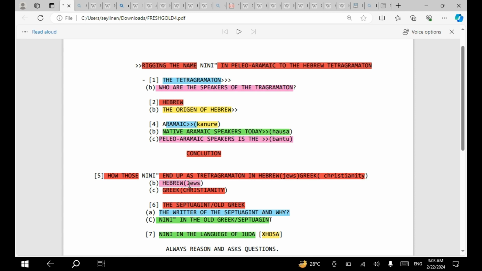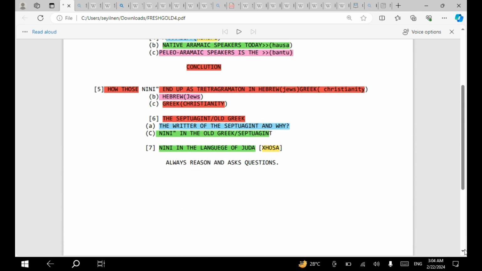If you are Hebrew Israelite, you are under these Ashkenazi Jews. Their ancestors are the Hebrews, not you. And if you are Christianity, you are under Rome, which copied their own from the Greek. And we look at the Septuagint, also known as the Old Greek Old Testament, written by the 70, the 72. These are our ancestors. They wrote this book themselves.